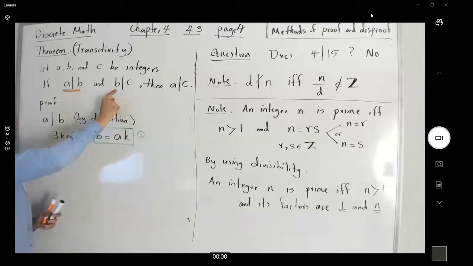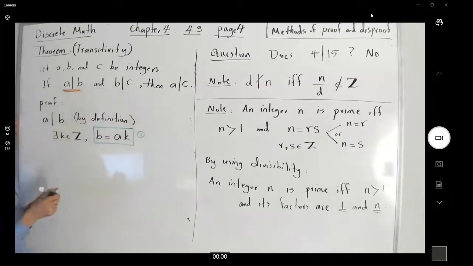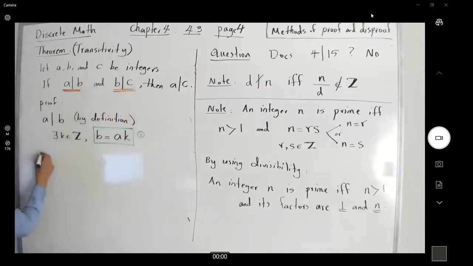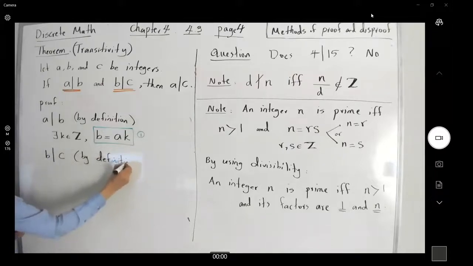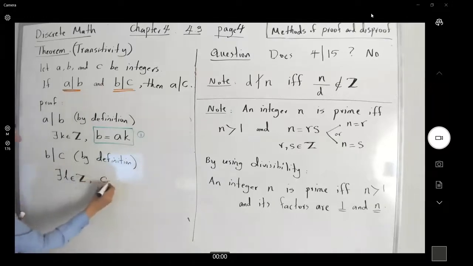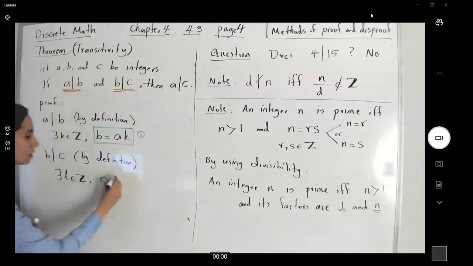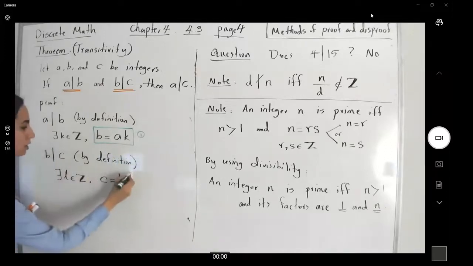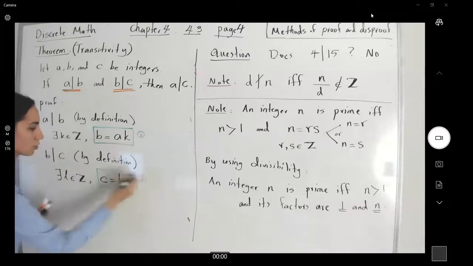The second part says B also divides C. B is a factor of C. Again, using the definition, there is an integer, let us use L, such that C can be written as L times B. I'm going to put this one in a box as well. Number 2.